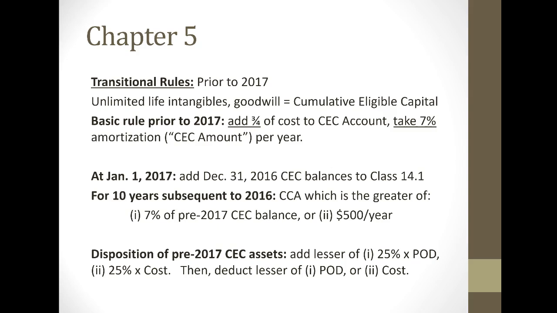Remember, prior to 2017, 3/4 or 75% of the cost of CEC assets would be added to the CEC account. When we dispose of them in 2017 onward, we add 25% of that cost or proceeds back to bring it back to the 100% figure, and then we deduct the lesser of proceeds or cost. We could have recapture, and we could also have capital gain, just like with assets in other classes.